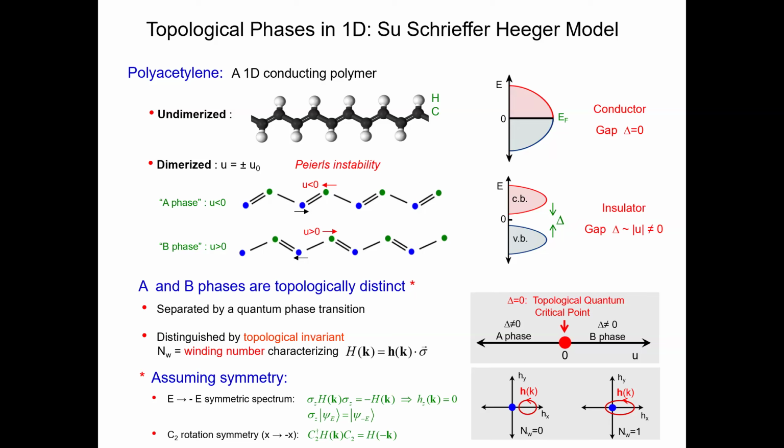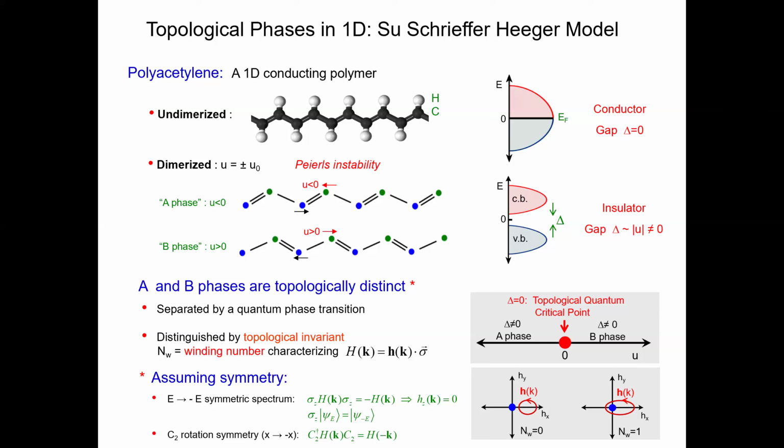A simple way of doing that is to consider a simple model Hamiltonian for this one-dimensional chain, imagining that you have one electronic state on each atom. That means that in each periodic unit cell of this one-dimensional crystal there are two electronic states, so your Hamiltonian is basically a 2x2 matrix. 2x2 matrices are simple enough that we can understand what's going on.